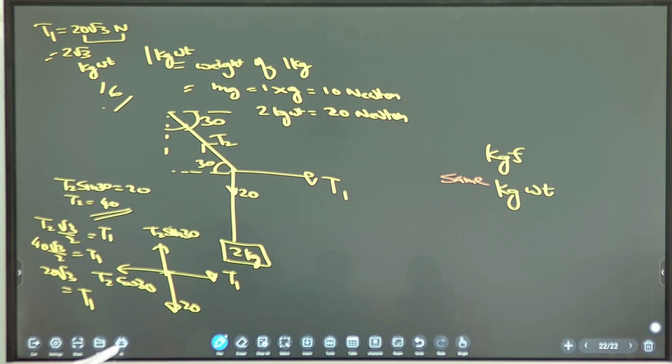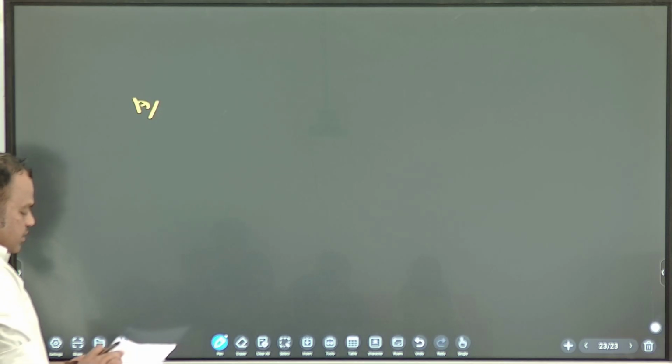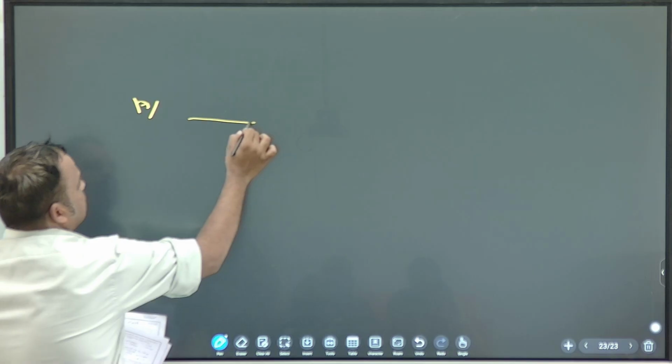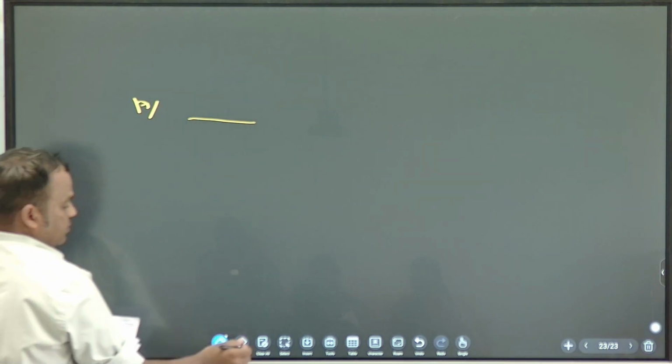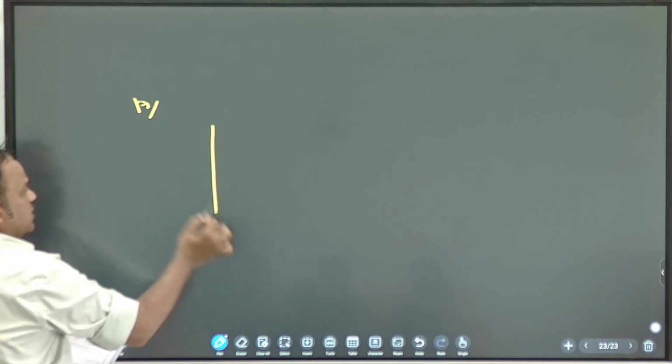So 17th question. Mass 10 gram suspended by a string. Entire system falling with uniform acceleration 400 centimeter per second square. Suppose this is the string, this is the block.